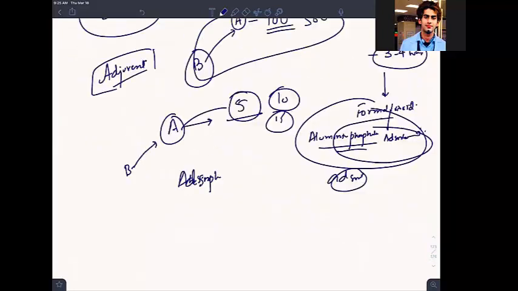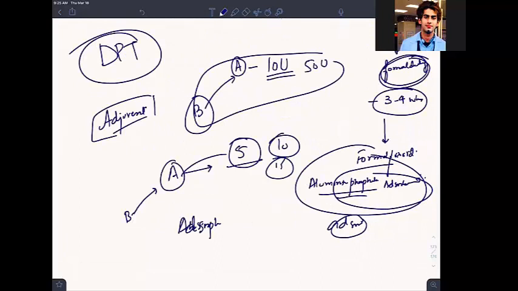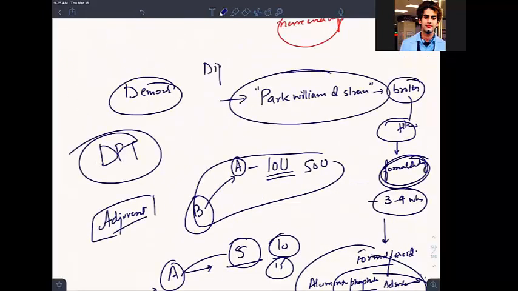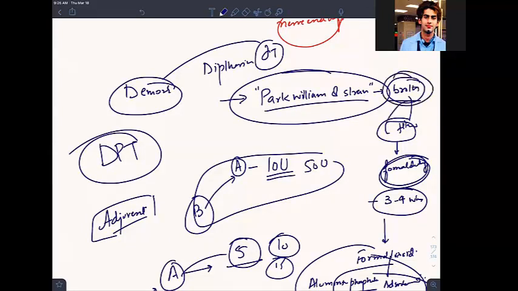Let me repeat. I said you have to prepare a diphtheria toxoid. Why are you preparing a diphtheria toxoid? Because you want to give the vaccine. So how to produce it? Take the Park-Williams strain, put it on a broth, and grow it in the broth. From that broth take a filtrate.